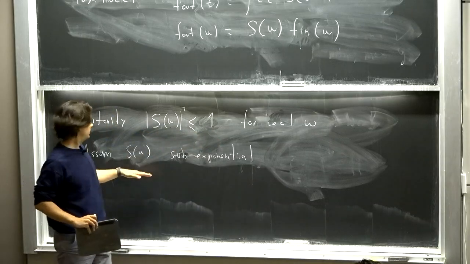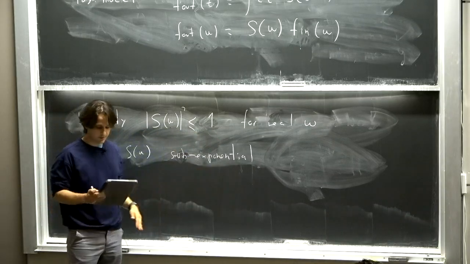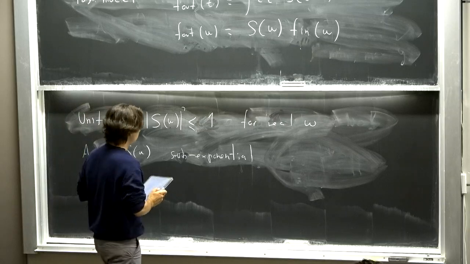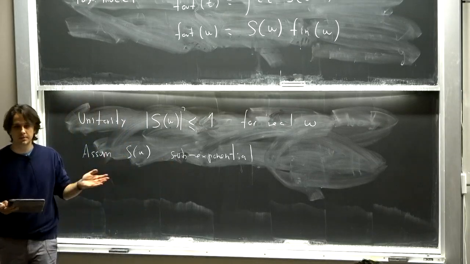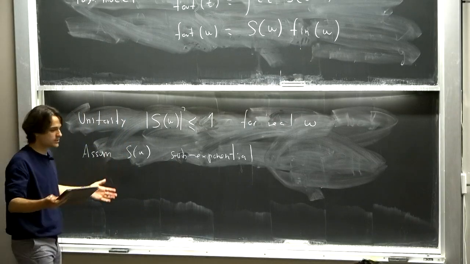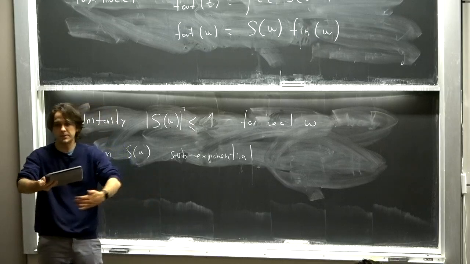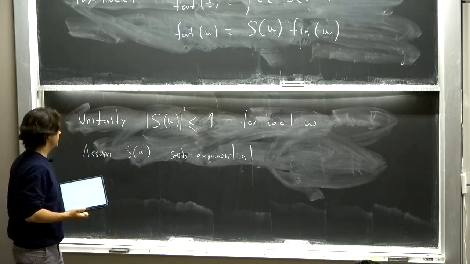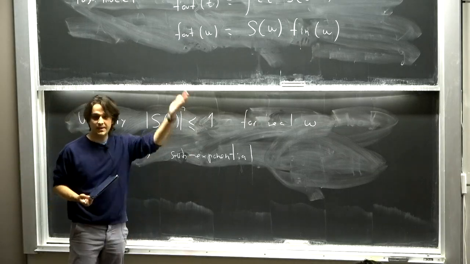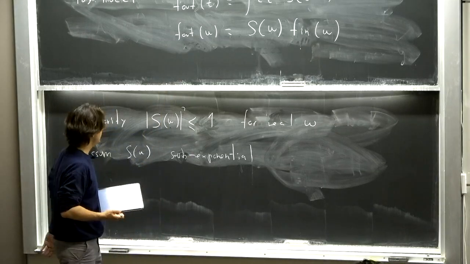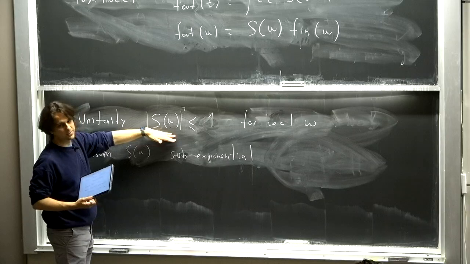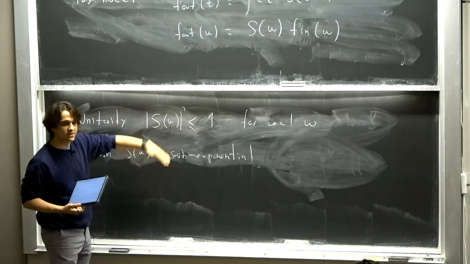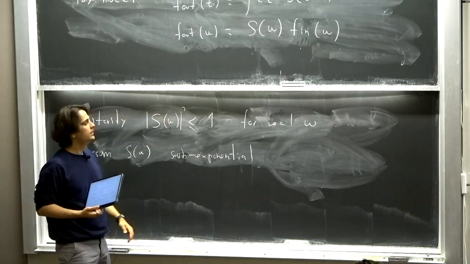If I assume that it grows slower than exponential, there's a version of the maximum principle, right? In complex analysis, if you have some analytic function in some bounded region, it always takes its maximum value on the boundary, right? There's something similar when you have something like the upper half plane, right? So remember, we discussed that causal observables are well defined for frequencies which live in the upper half plane.